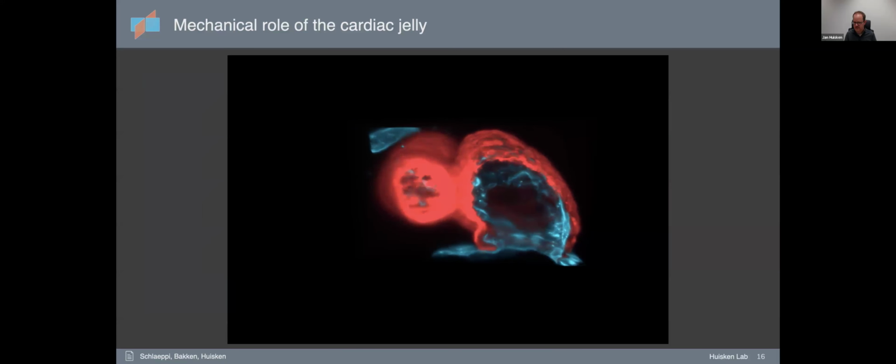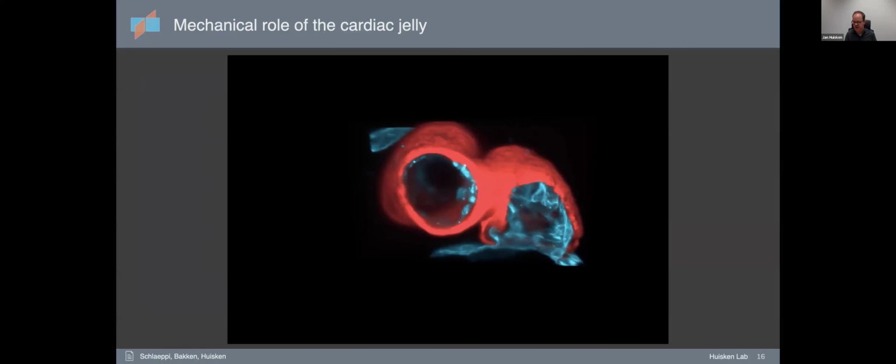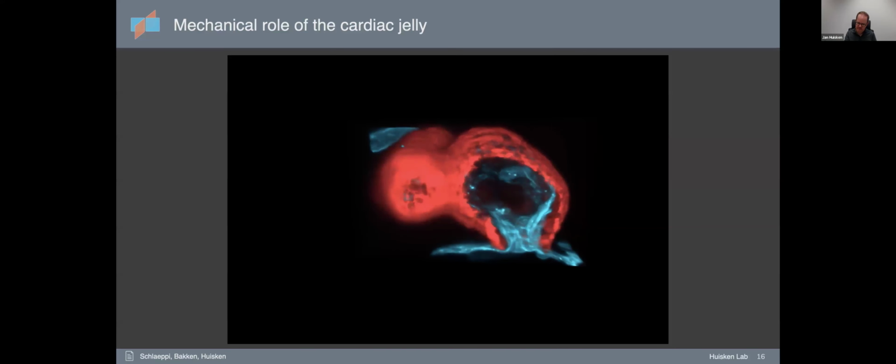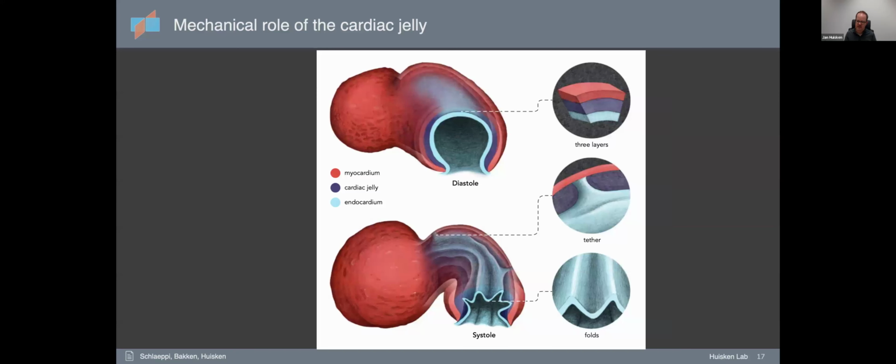So this is the 3D reconstruction, and you can appreciate that from data like this, you can then reconstruct and draw a model of how exactly the mechanism of cardiac contraction works in the zebrafish.